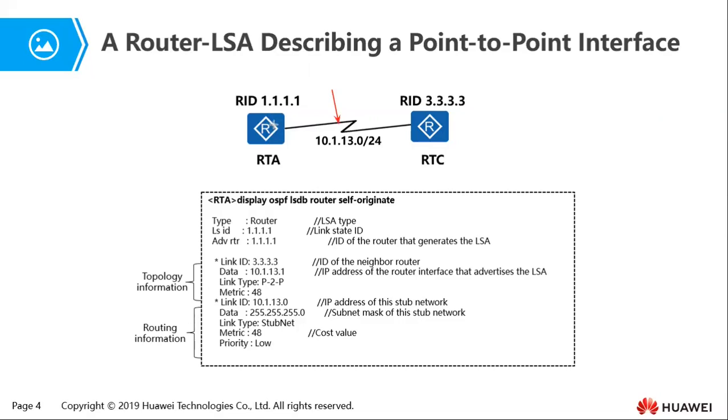So RTA will produce a Router-LSA. Similarly, RTC will produce a Router-LSA for this area. If RTA was connected to another area, then it will also produce a Router-LSA for that area. Now, the Router-LSA has several fields which we must understand in detail.